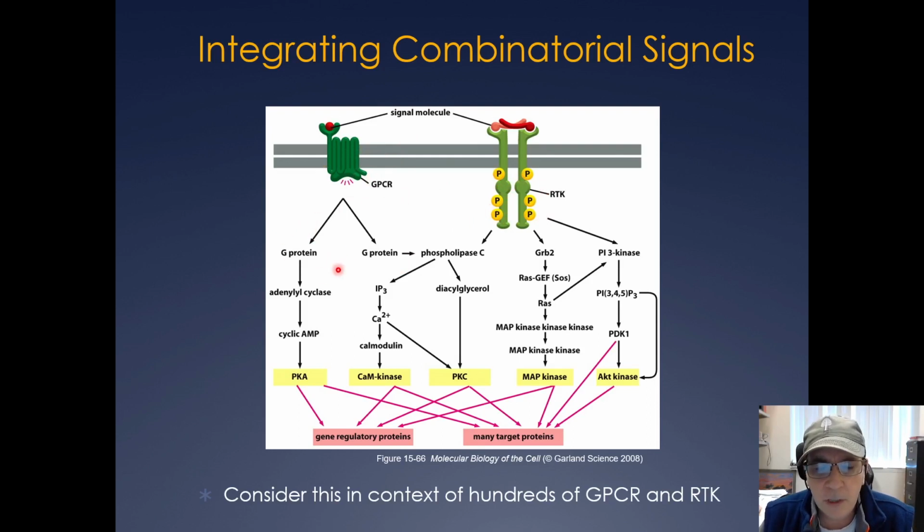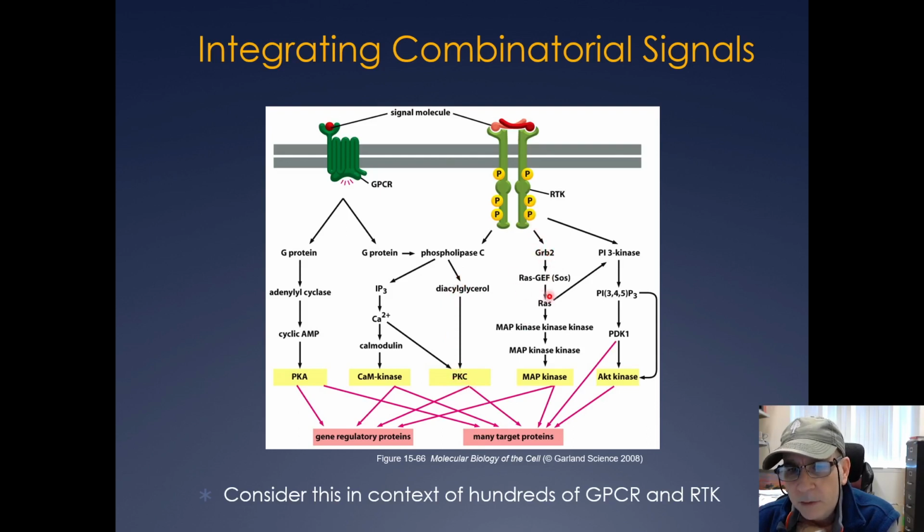The G-protein coupled receptor is going to activate G-proteins, and the G-proteins can go on to activate adenylate cyclase, leading to cyclic AMP and PKA activation, or you can get phospholipase C, cleavage to IP3, and calcium release, which can then bind to calmodulin and modulate CaM kinase activity. And then you'll also have diacylglycerol, which can affect PKC activity.